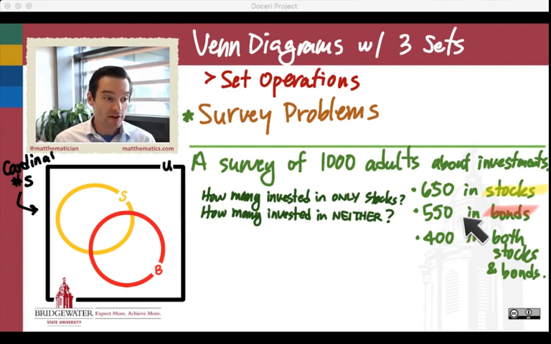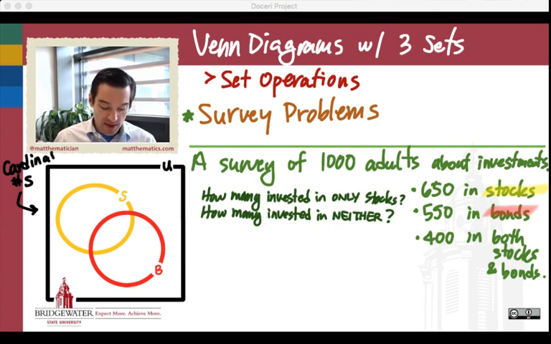Similarly, this 550 people have to be inside of the red circle. The problem is that those two circles are overlapping one another. And so some of the people in the yellow circle also need to be people in the red circle. Fortunately for us, we explicitly know how many elements are in that overlap of two sets. There's 400 people in this problem that are invested in both stocks and bonds simultaneously, right?